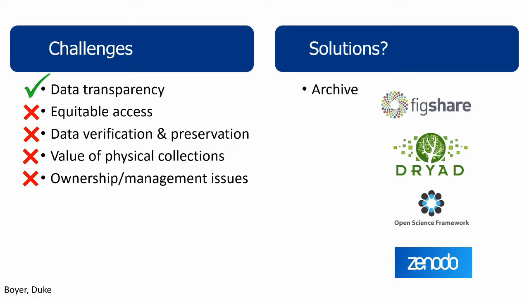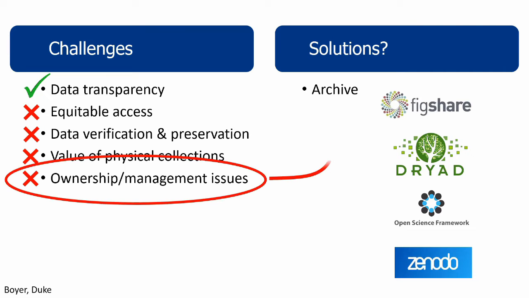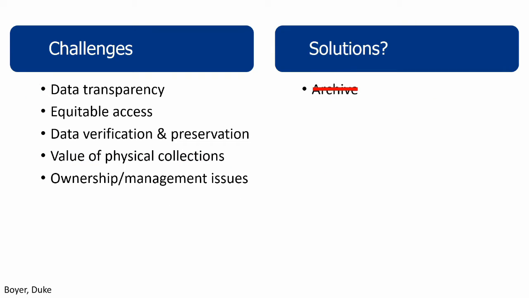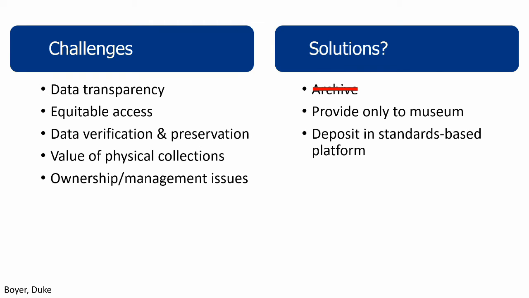And fundamentally, because of this last point, the use of generic archives is often not feasible for data representing museum objects. There are some other options that can be discussed, but ultimately they fall short in different ways.